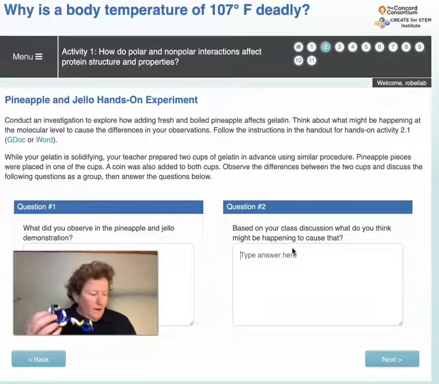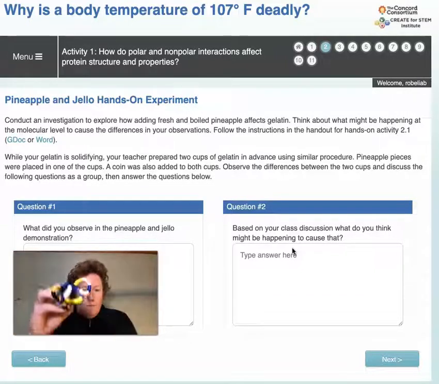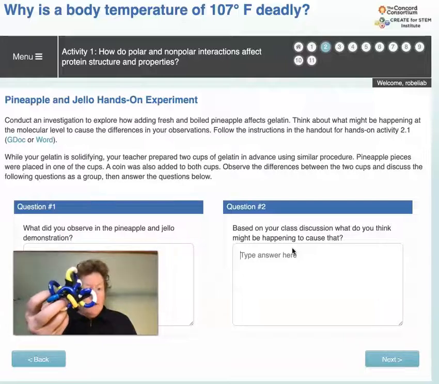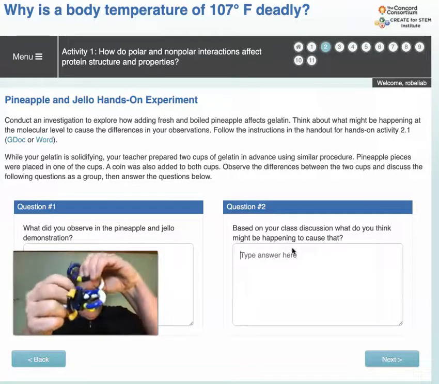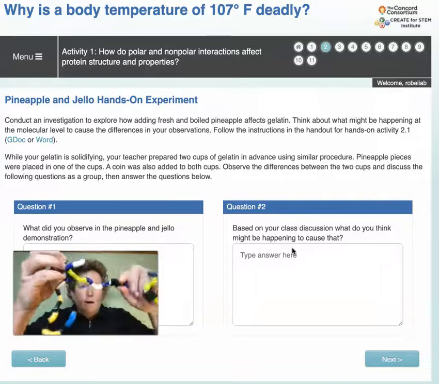So I have a different model here that's kind of stuck together with Velcro here in the middle to illustrate how parts of the protein, how the side chains bond, how some of the polar and non-polar amino acids interact with each other. But as it's heated up, that Velcro tends to come undone.